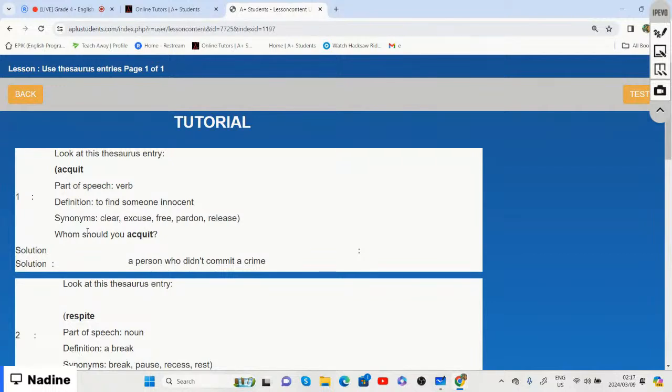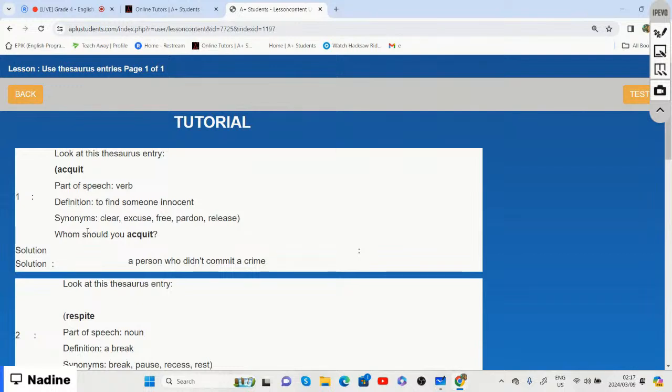And then if we look at the thesaurus entry, remember we said with the thesaurus entry, we have the word. And remember the words are also in alphabetical order within a thesaurus, not just a dictionary.